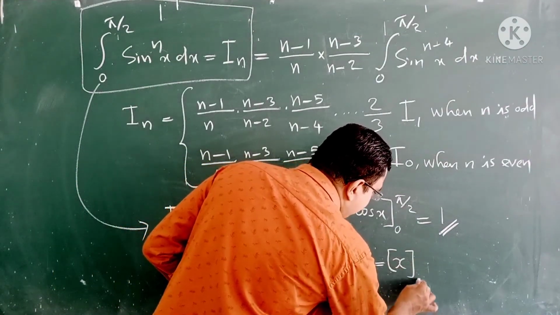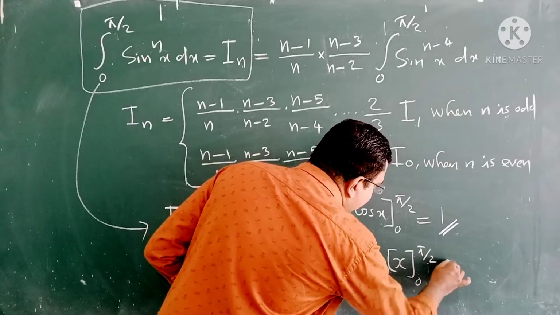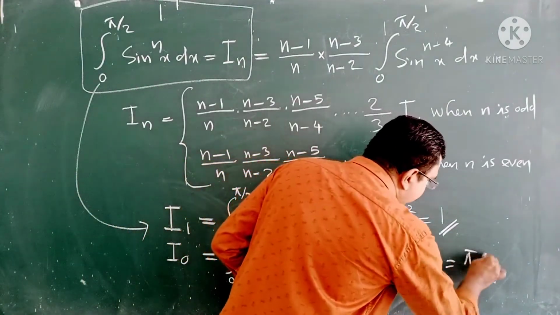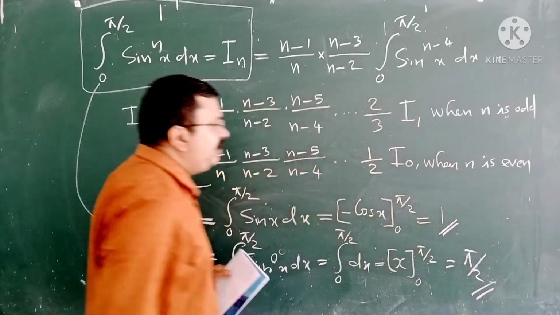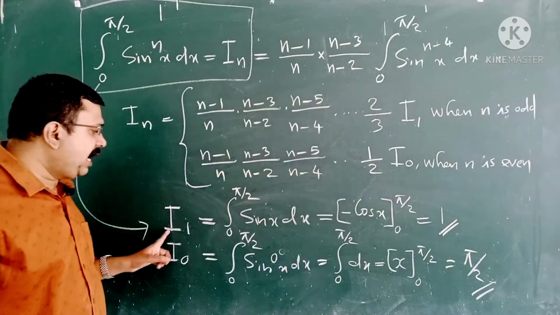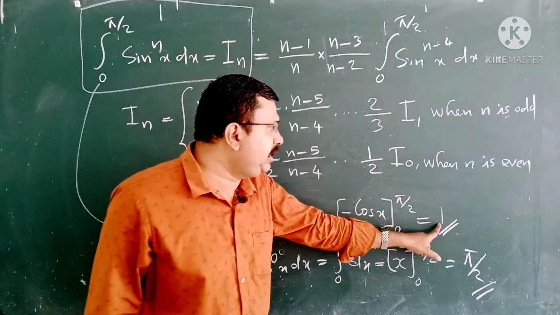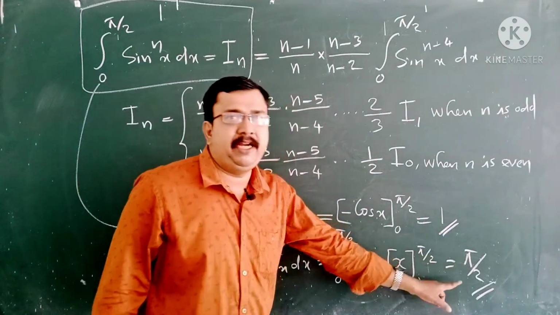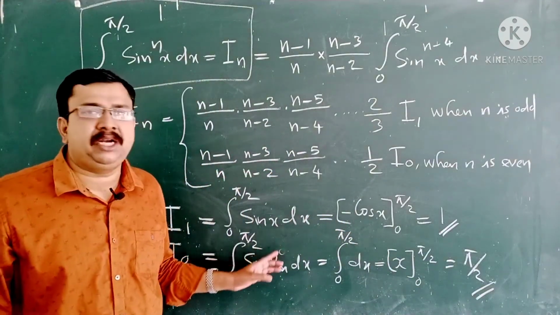Applying the lower and upper value, we get pi by 2 minus 0, that is pi by 2. Very important. Remember that I1 is equal to 1 and I0 is equal to pi by 2. These are the two important results.